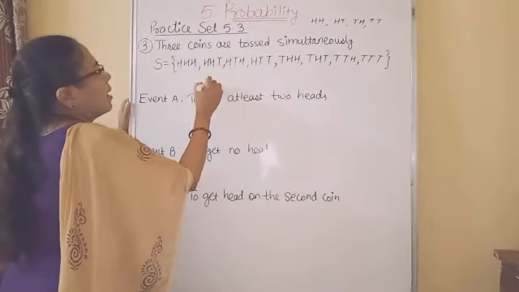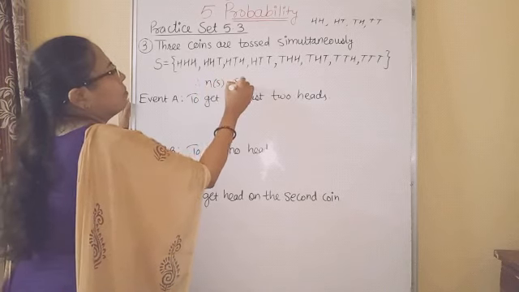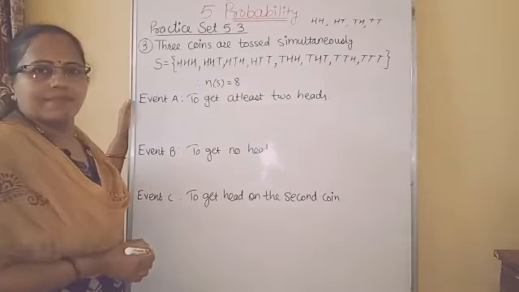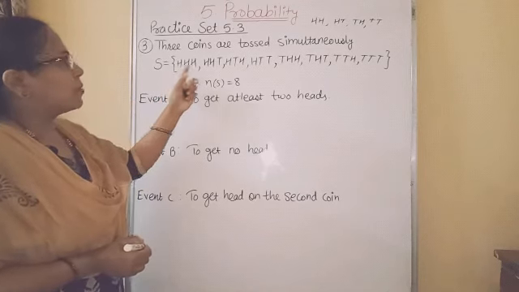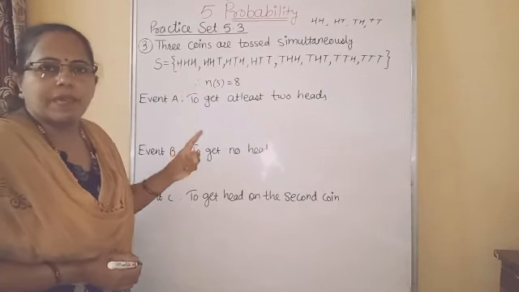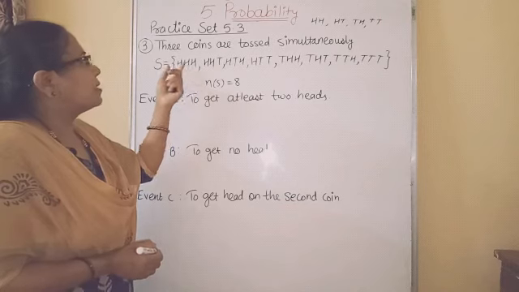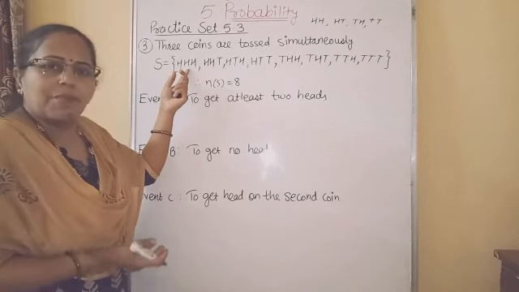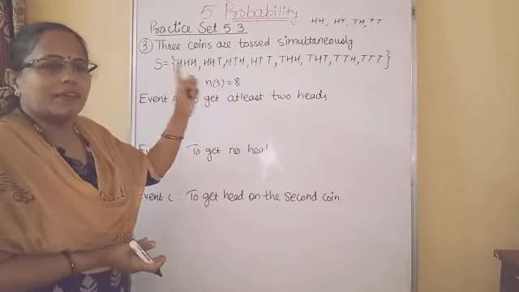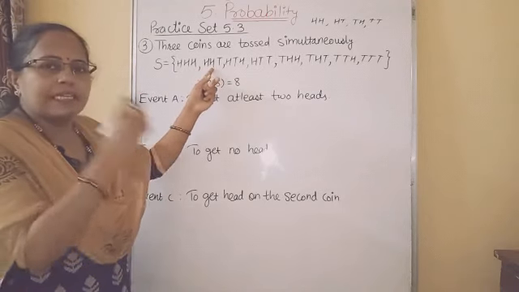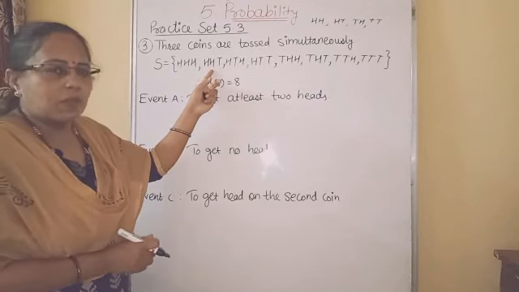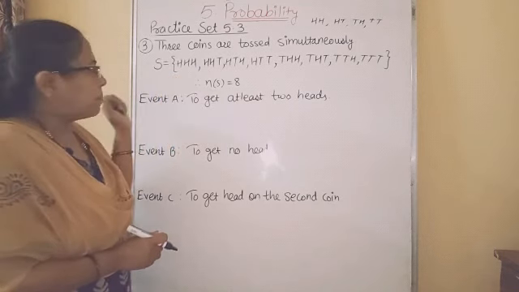And therefore N of S is equal to 8. Followed? Students, if you remember this technique, you will never make a mistake to write the sample space, because there is again a probability that you will make a mistake or you will write the same result 2 times. Okay, so here we wrote the sample space.